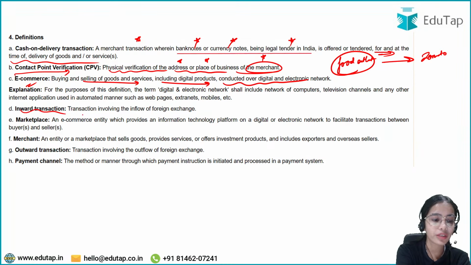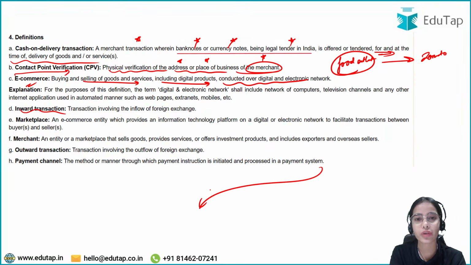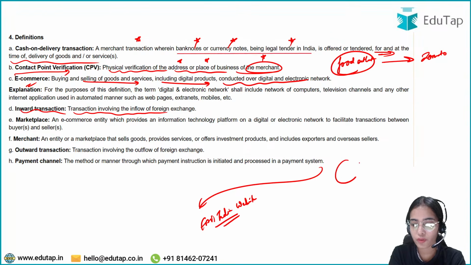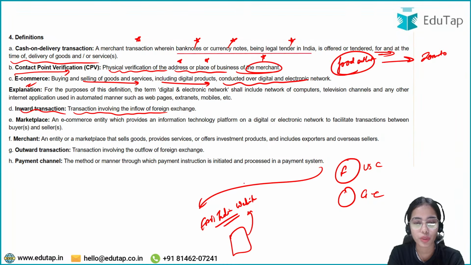Inward transaction means a transaction involving the inflow of foreign exchange. So let's say there is the Fab India website. Now there is a foreign person, a US citizen or a German citizen, who wants to buy a kurta from the original website of Fab India.